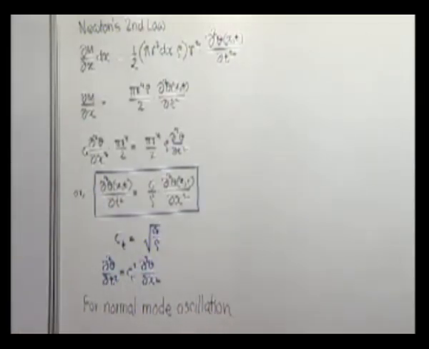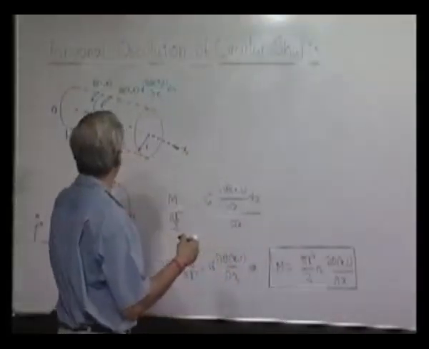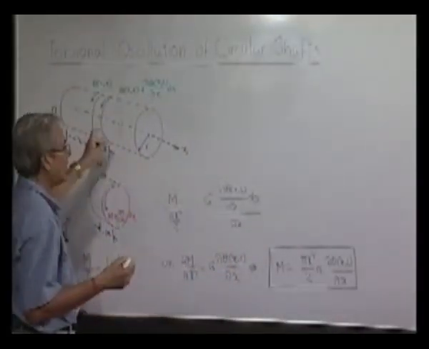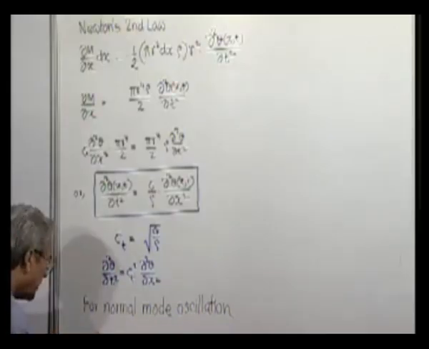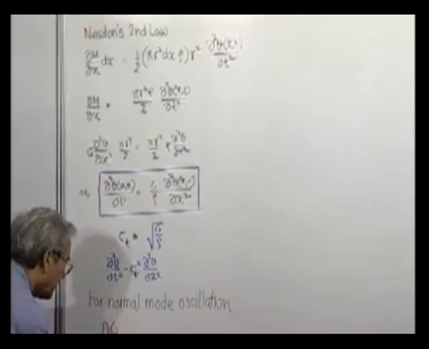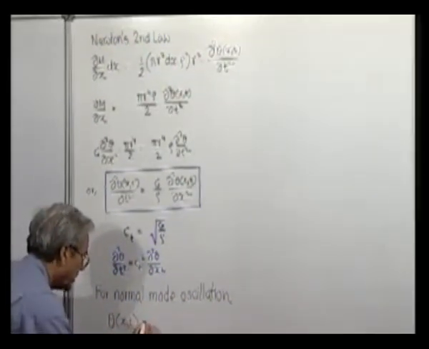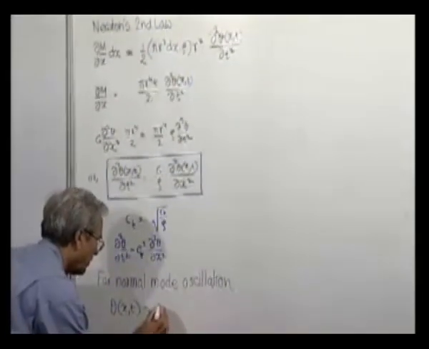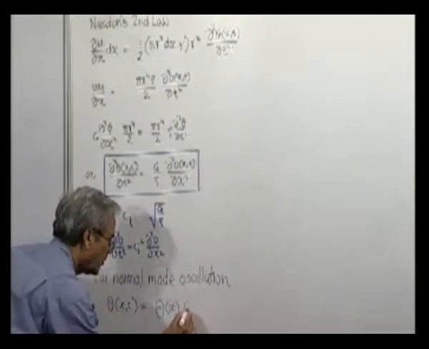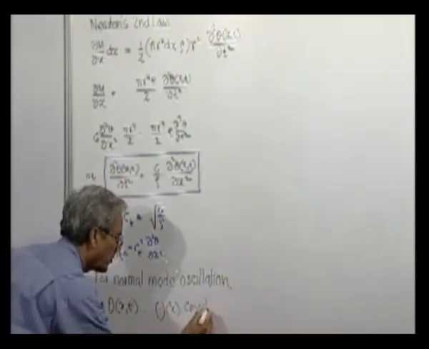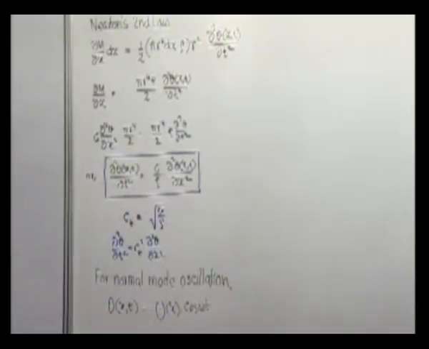For normal mode oscillation, all the elements will execute harmonic oscillation of the same frequency, and therefore theta x,t can be written as a product of a function of x only into a harmonic function of time, which can be cosine omega t or sine omega t.